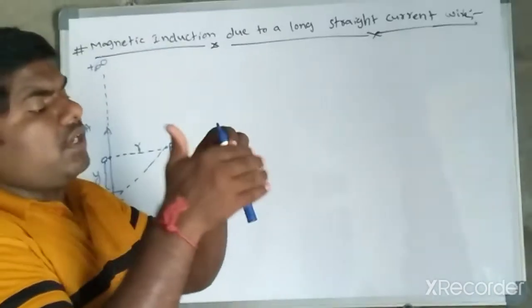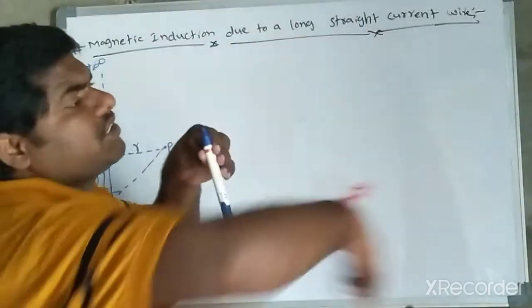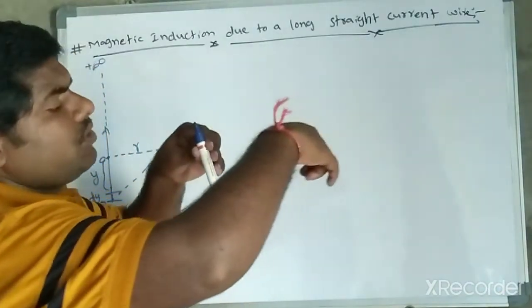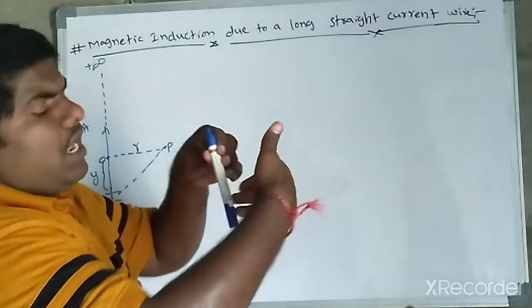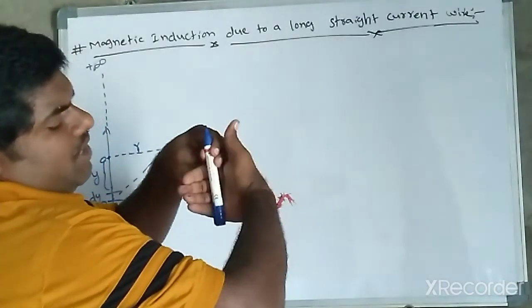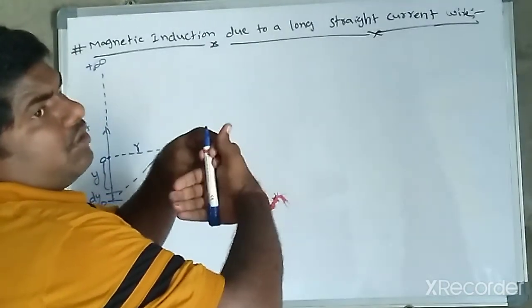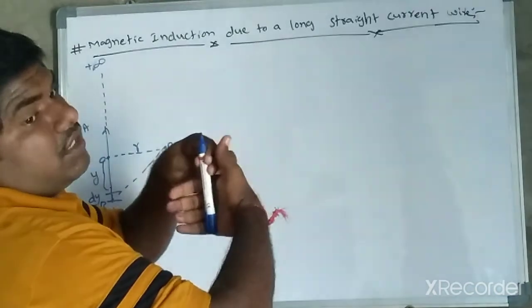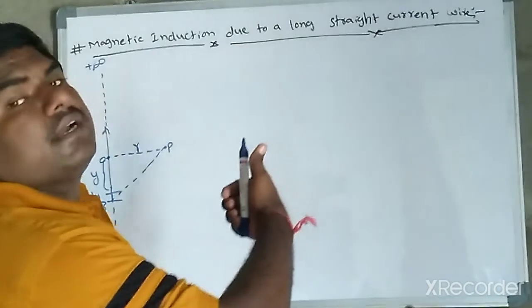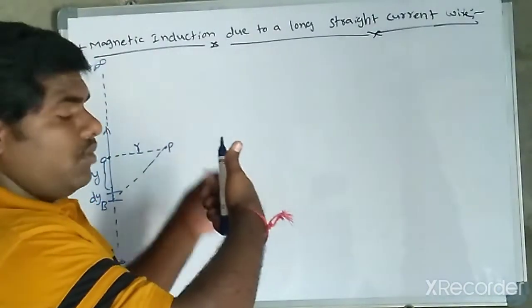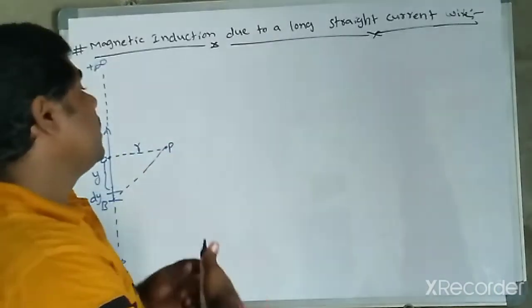In this right side area, the magnetic field is into the board, inward direction. See, here my fingers are coming outside, so it means outward direction, in the left area. Please follow me.